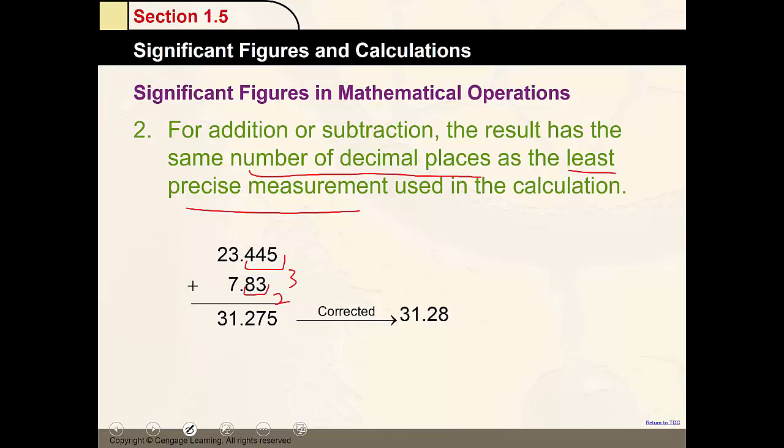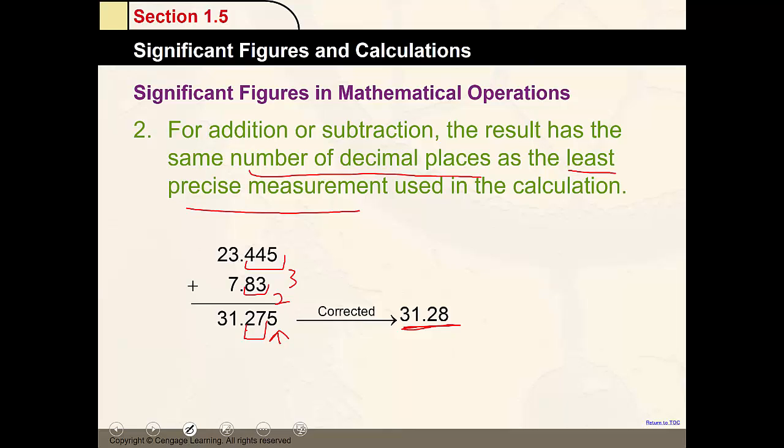So comparing these two numbers, 7.83 is less precise. So that means in our answer, we can only have 2 digits to the right of the decimal point. So we look at this number, 31.275. That next number after that, it's 5 or greater. That makes it round up. So our corrected answer with the correct number of sig figs is 31.28.